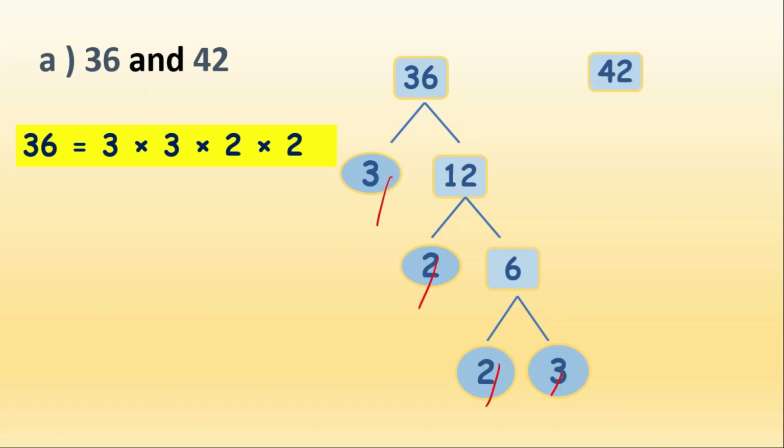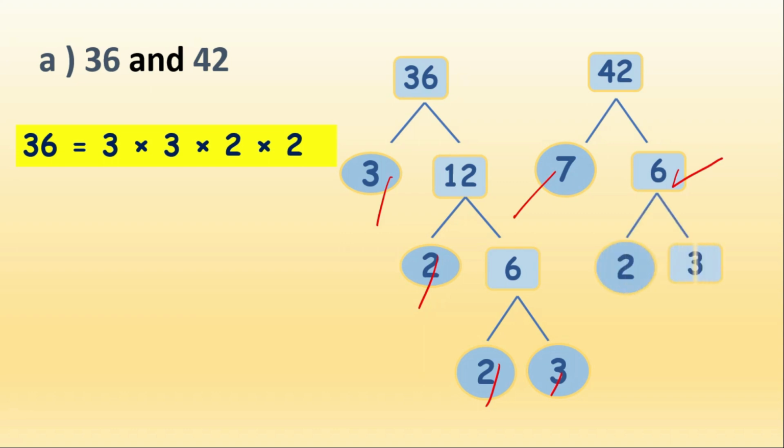Now factorize 42. It equals 7 times 6 or 6 times 7. 7 is a prime, so move to 6. 6 is a composite; factorize it to 2 times 3. Now 42 equals 3 times 2 times 7.